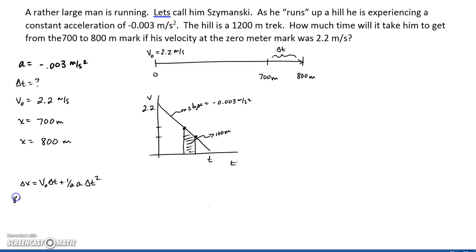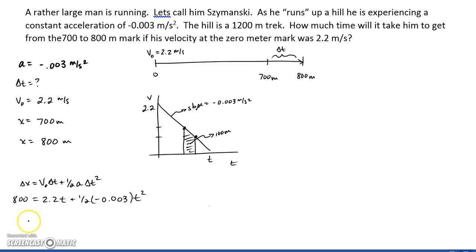So we've got 800 meters. My initial velocity is 2.2. I do not know the time. Plus 1/2 times negative 0.003 times t squared. Oh, look, it's a quadratic. Now, whatever you've got to do to your quadratics, that's your quadratics. You know, negative b plus or minus the square root of b squared minus 4ac all over 2a, or plot on a graph, or use your calculator.